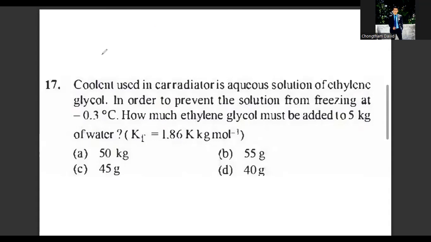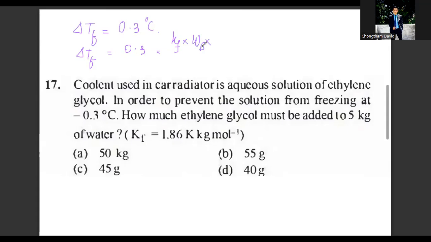When you mix ethylene glycol and water, the freezing point will drop to minus 36. So this is a question based on cryoscopy. You have to use the relationship: delta Tf, the lowering in the freezing point, is given as 0.3 degrees Celsius. Relate with the equation you have learned in your theory part of class 12.